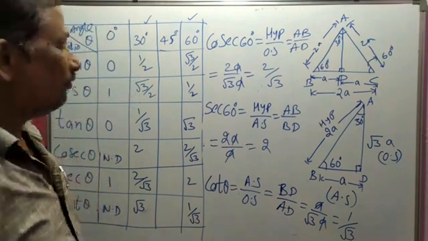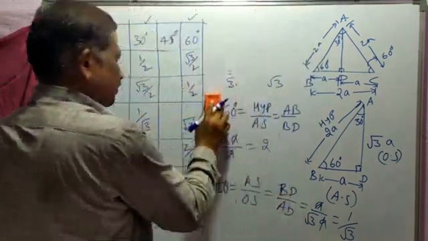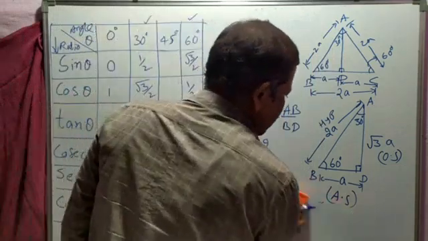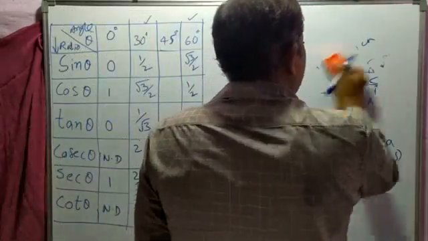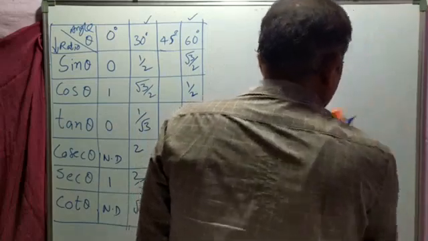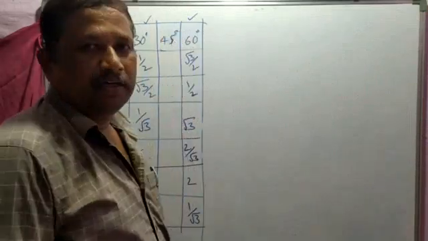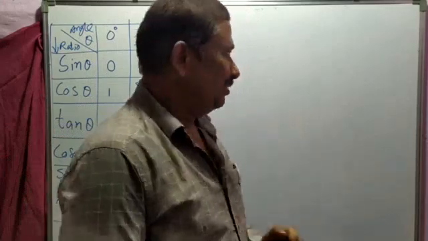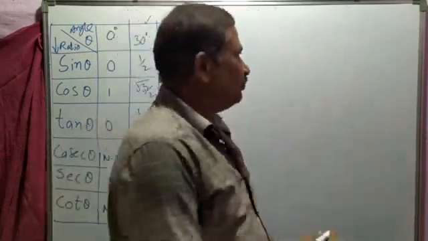Next we find for 45 degrees. For 45 degrees, we have to consider an isosceles right angle triangle. That means in a right angle triangle, two sides are equal.